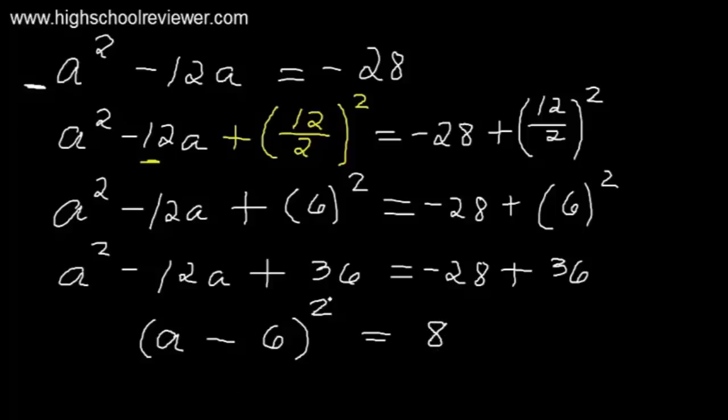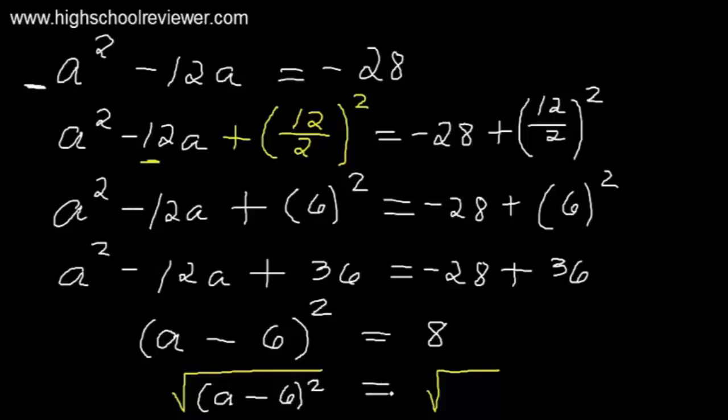And then to get this power of 2, to remove that, we need to get the square root of both sides of the equation. So this will be the square root, and the square root here on the right side. So this will be the square root of the quantity a minus 6 raised to the power of 2 equals the square root of 8.